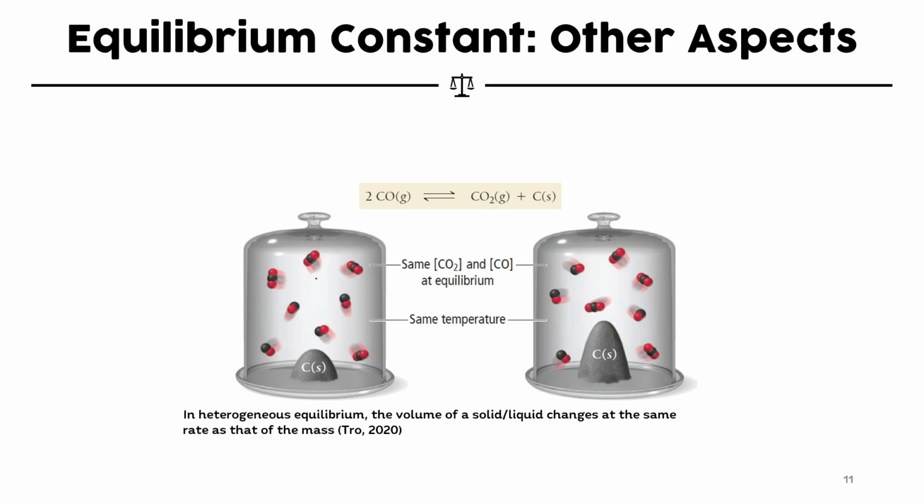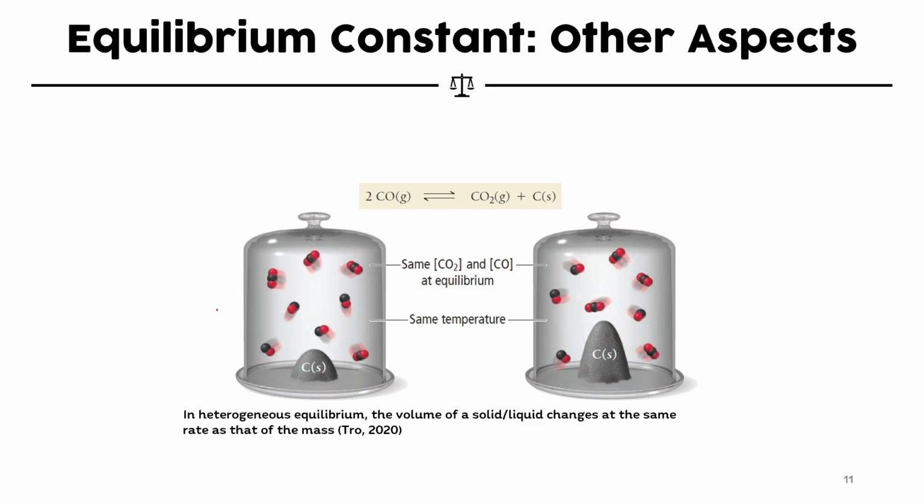Now let's say we already have an equilibrium chamber wherein the carbon dioxide and carbon monoxide are already at their equilibrium concentrations.